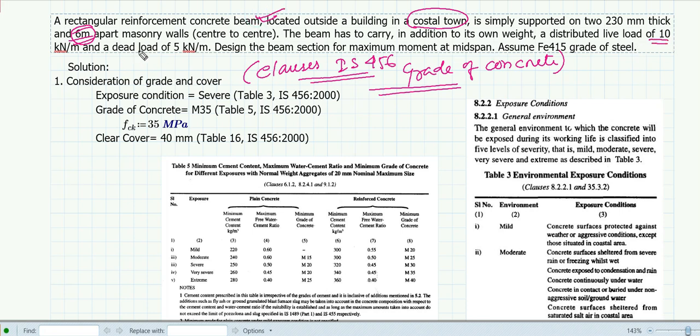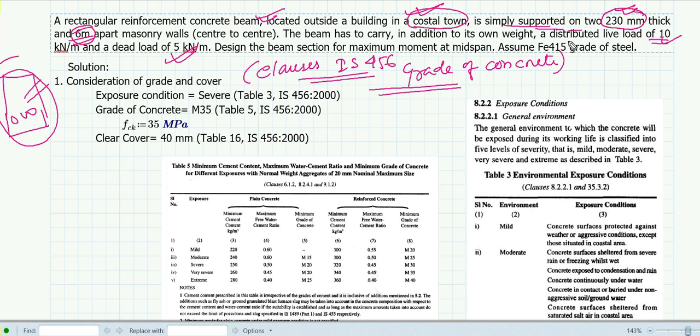So you have to design a beam which can withstand these conditions: a coastal region, a live load of 10 kilonewton and dead load of 5 kilonewton per meter, and support over a wall of 230 thick. So you should design a beam which has a certain cross section and certain number of bars, and this section should be able to withstand these conditions.